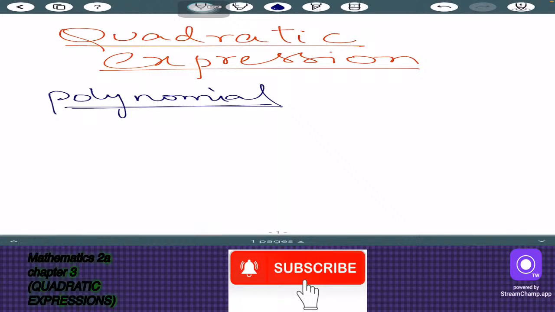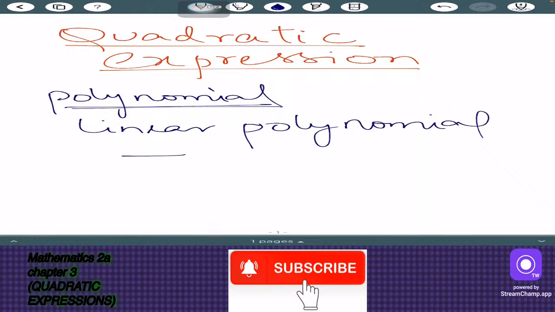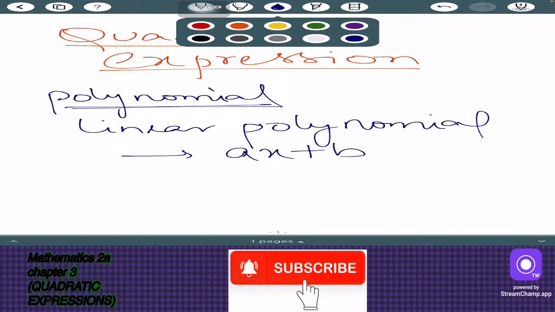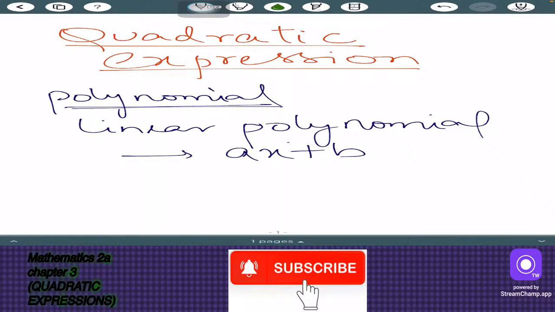Polynomial in one variable, it is a linear polynomial: ax plus b. What you can see over here is the power of x is 1.